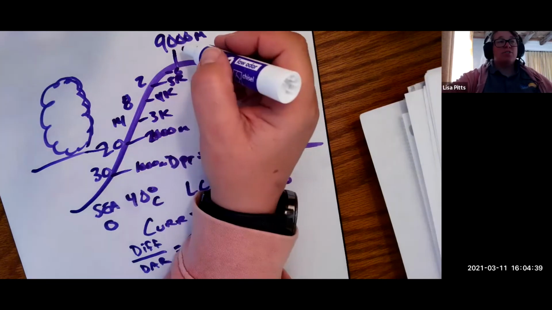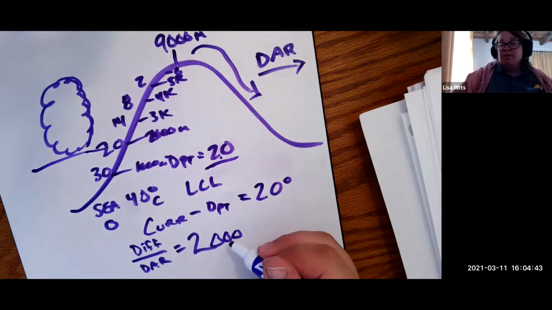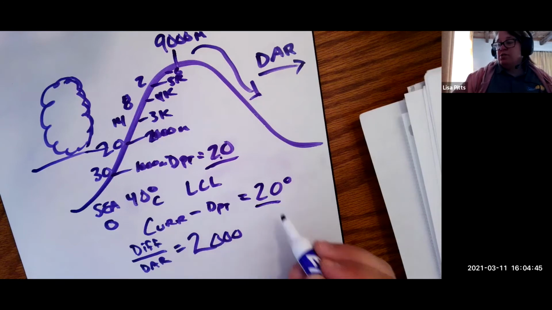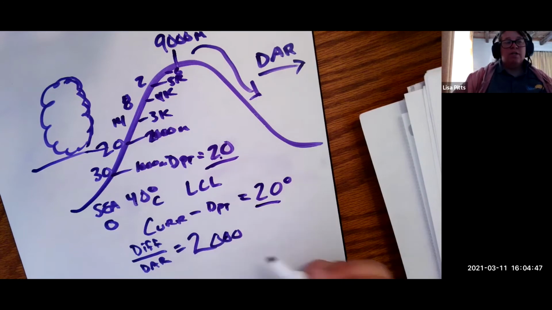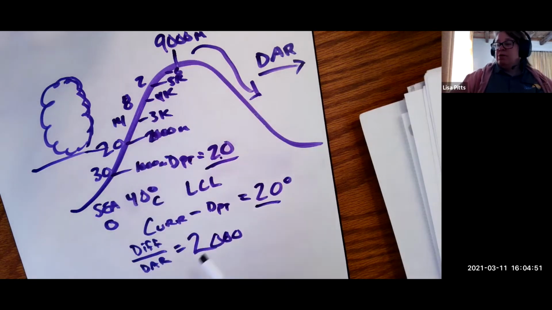So let's say it asks us what's the temperature at the top of the mountain. Now that we've gotten there, we know we're at 20 degrees and we're at 2,000 meters. Now we're going to use the wet adiabatic rate and find out what the temperature is at the top. So we go 9,000, which is the height of the top of the mountain, minus where we're at.